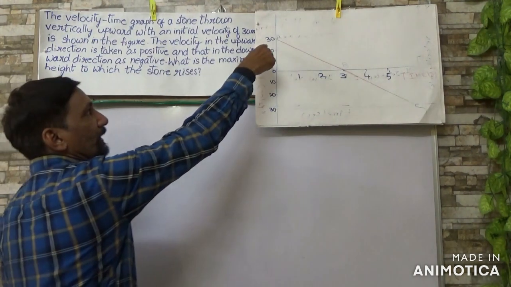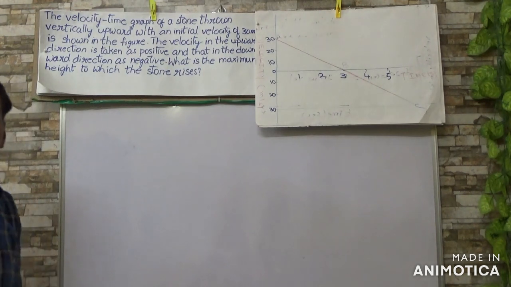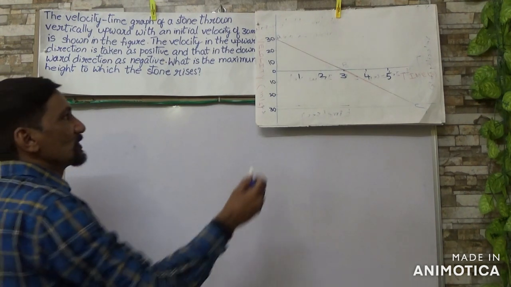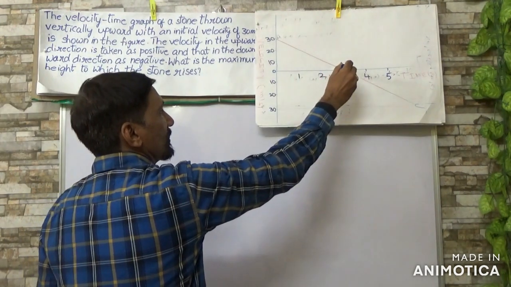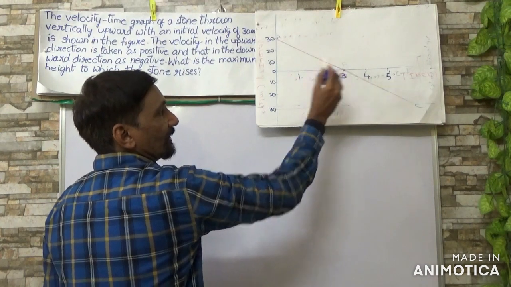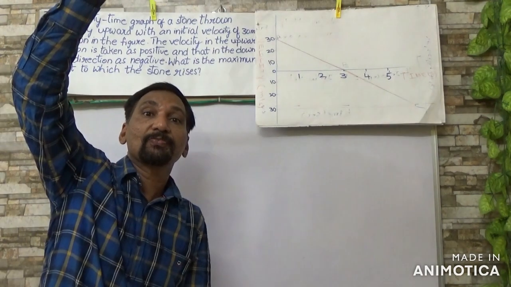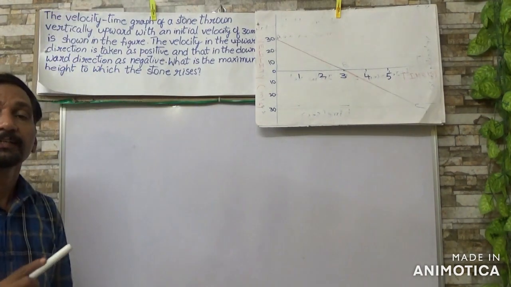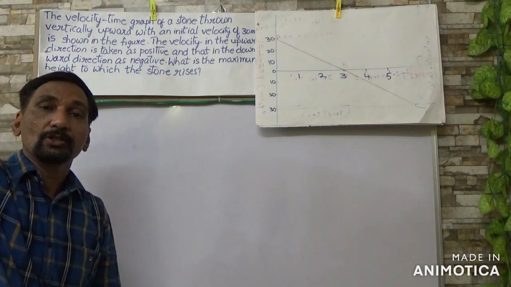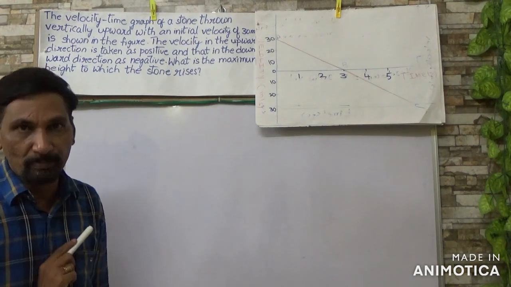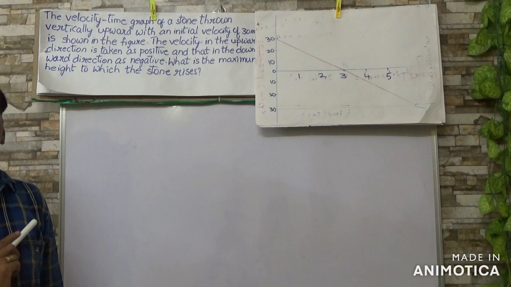In the beginning it has 30 meters per second velocity. As you increase the time, you can notice that at 3 seconds its velocity is 0. That is nothing but the time of ascent, the time taken by the body to reach maximum height.